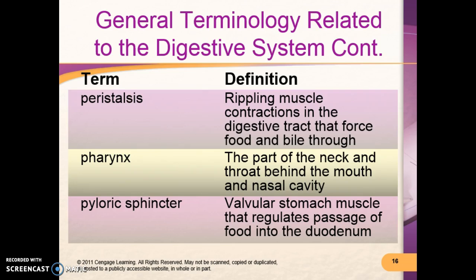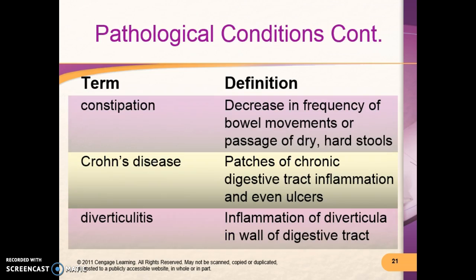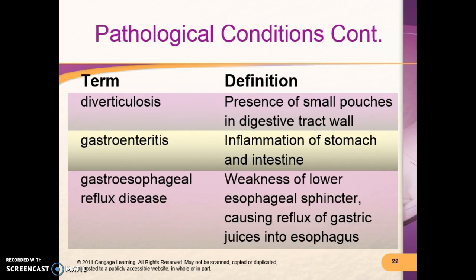As we move through this section where we're talking about the terminology, we then move into the pathological conditions. Some of the different conditions that are associated with the digestive system are appendicitis, cirrhosis, colorectal cancer, constipation, Crohn's, diverticulitis, diverticulosis, gastroenteritis.